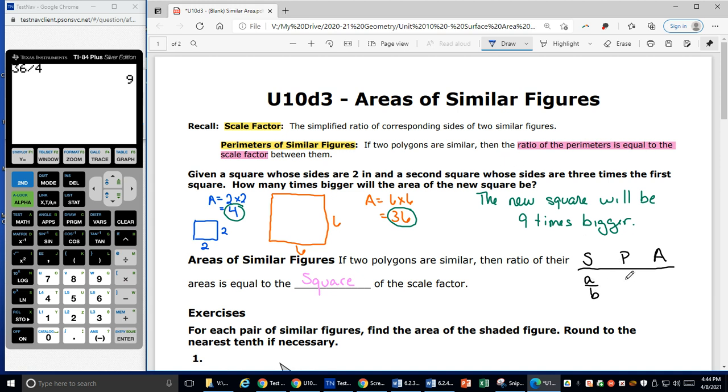So if my scale factor is A to B, the ratio of the perimeters will also be A to B.